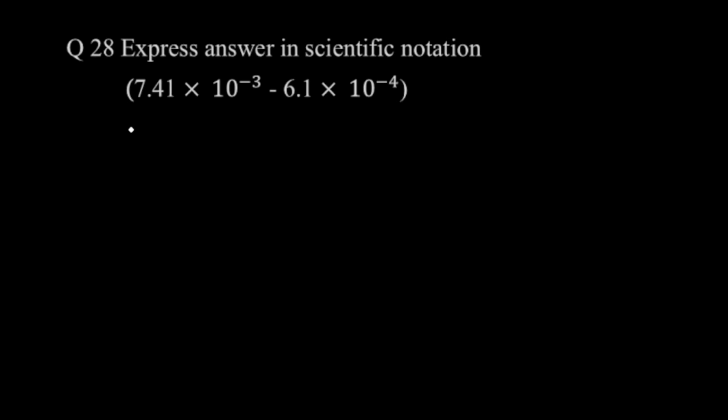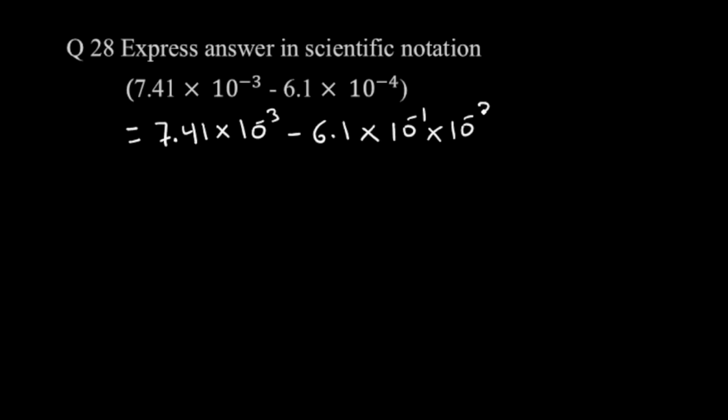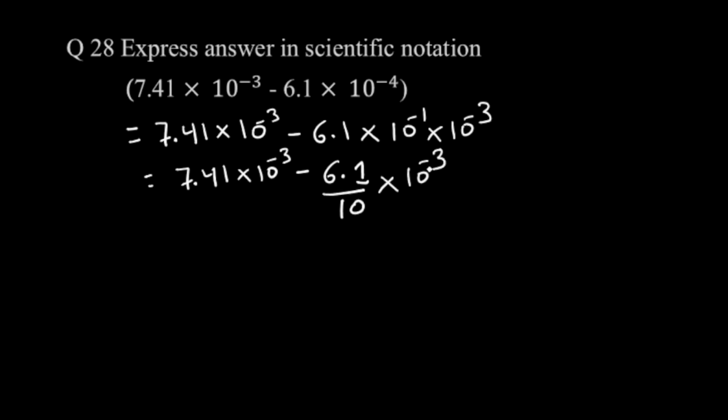We're gonna make 10 to the power minus 3 as a common power. 7.41 multiply 10 to the power minus 3 minus 6.1 multiply 10 to the power minus 4 is 10 to the power minus 1 multiply 10 to the power minus 3. 7.41 multiply 10 to the power minus 3 minus 6.1. 10 to the power minus 1 means divided by 10, multiply 10 to the power minus 3.